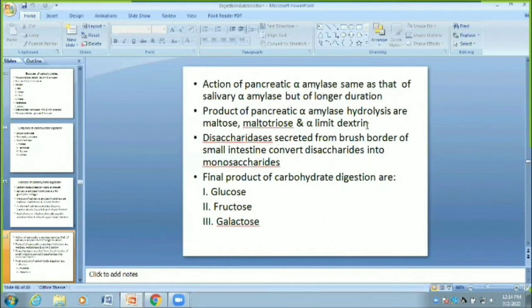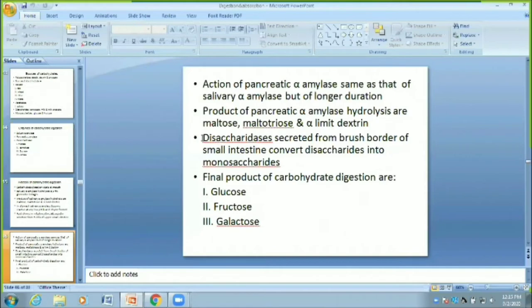If someone asks you what you mean by alpha limit dextrin, it means the intermediate products of carbohydrate digestion. Dextrin, dextrose, these are polysaccharides, the intermediate products that are produced, called alpha limit dextrin.